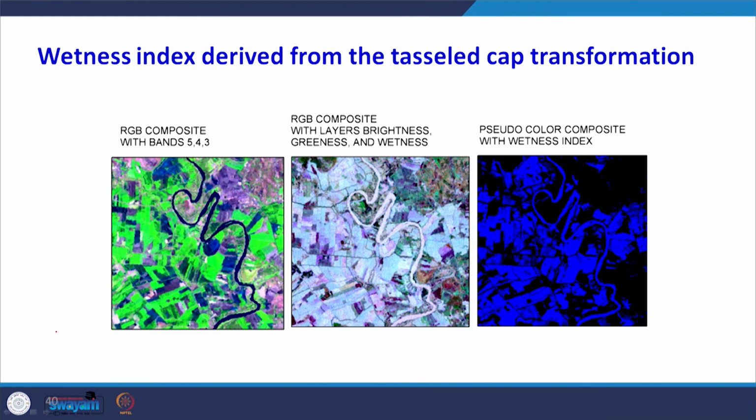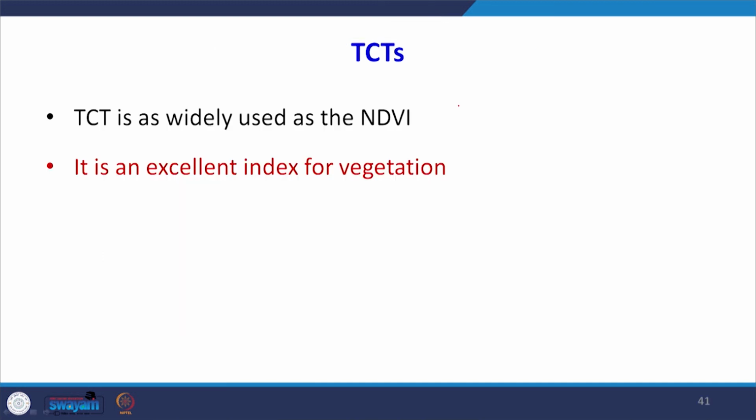The first one is the original image and the last one is the pseudo color composite with the wetness index. The second one is the composite of layers with the brightness, greenness and wetness indexes. When we derive the wetness indexes, I can very easily carry out soil moisture kind of study from this kind of data.